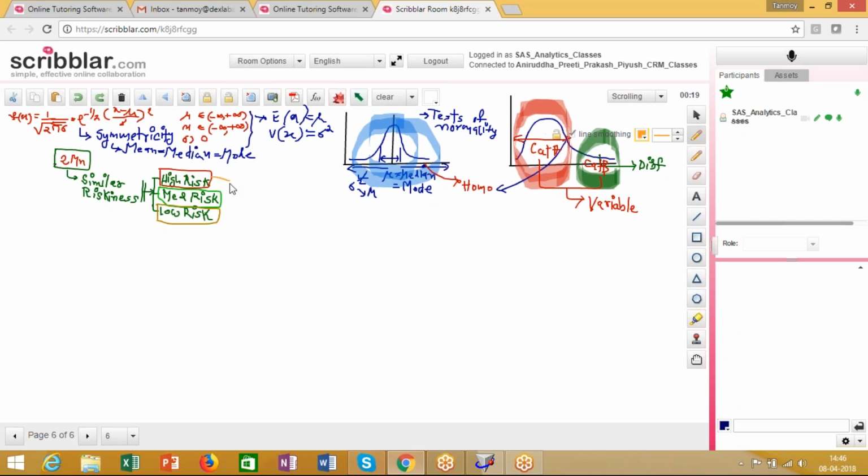As I move from the high risk to the medium risk, or from the medium risk to the low risk, I would start observing a significant change in the behavior of the borrowers, right?